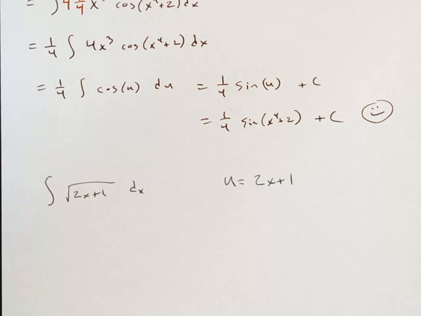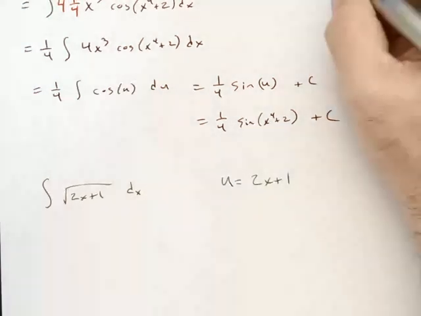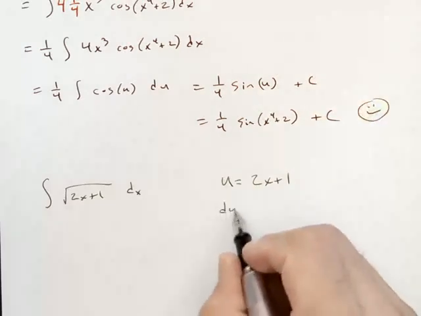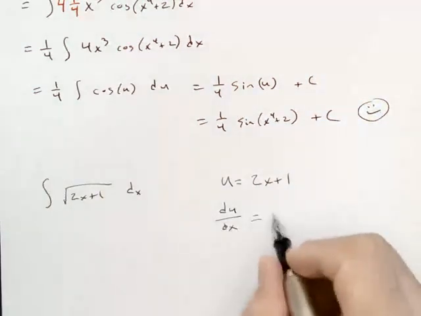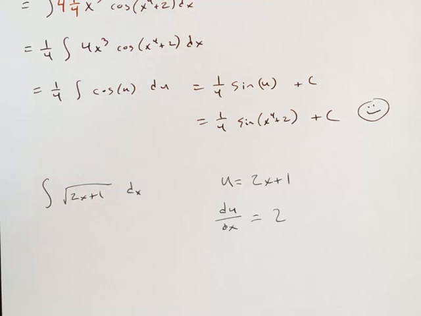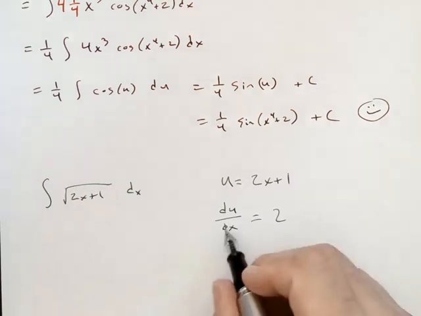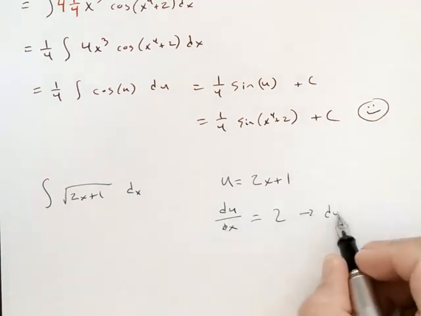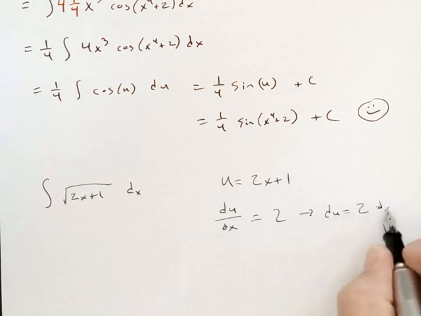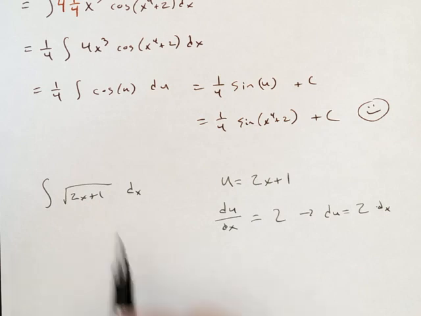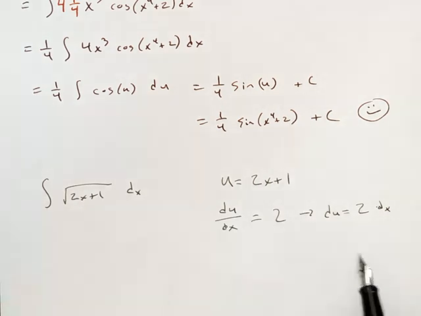There's nothing on the outside that's extra, right? But if I do carry this through the way I did before, then my derivative is just a 2. Moving that differential over, I'm in the same boat I was with the 4. There's no 2 out here to help me out, right?